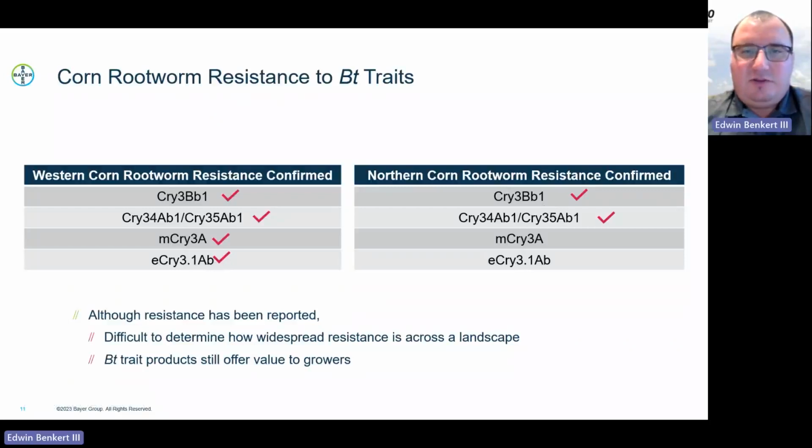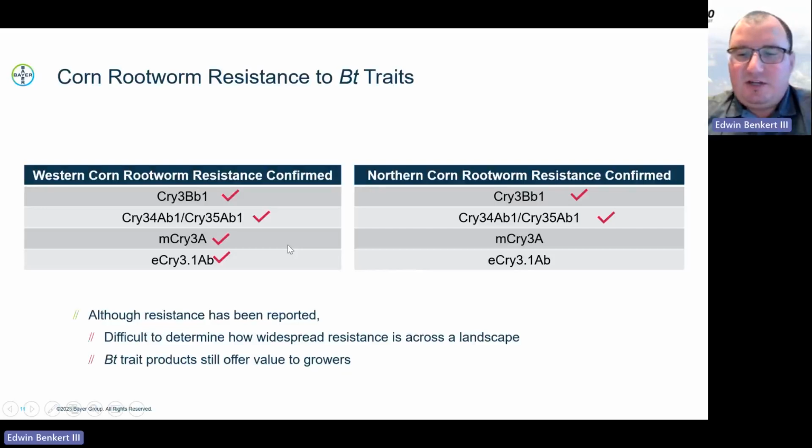So with resistance, keep in mind it occurs in pockets, right? We don't have Western corn rootworm resistance to all four proteins all over the corn belt. It's specific populations and specific fields in pockets where this is occurring.